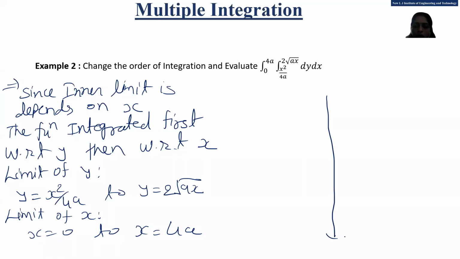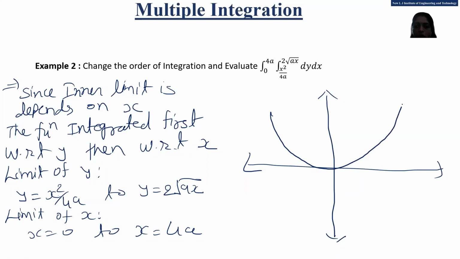And if we draw a graph, we have two parabolas. First parabola, here 4a is constant, y equal to x square. So the parabola which is surrounding the y-axis, right? So this parabola indicates y equal to x square by 4a.